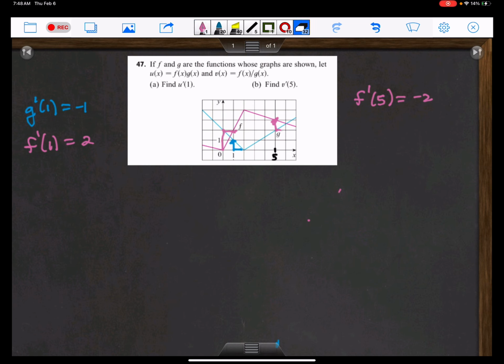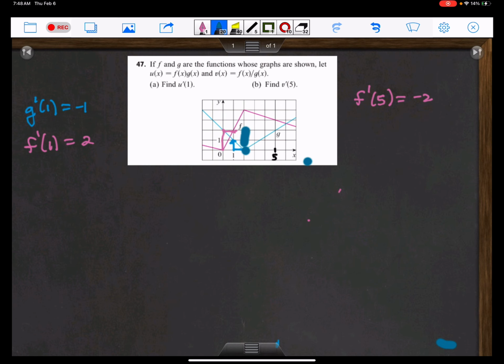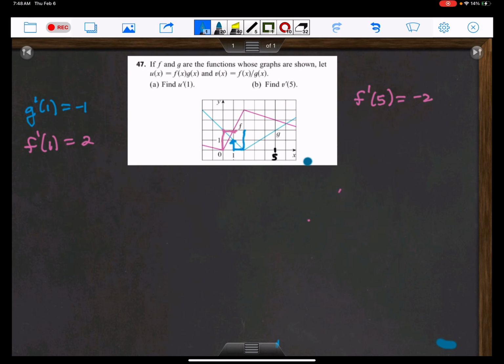And similarly, if we look at g at that point, at 5, we start at this point right here and go up 2 over 3. So at 5, g prime of 5 is 3/2.